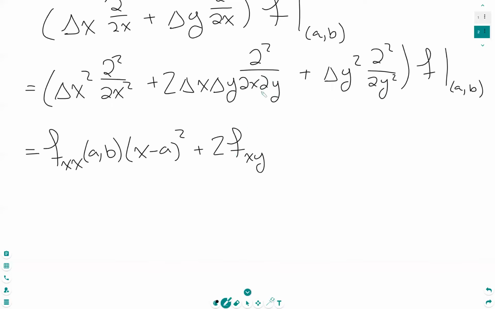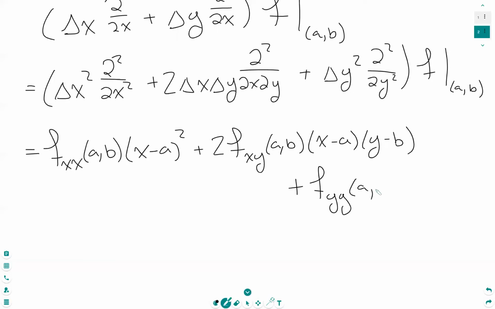As long as they're continuous, we can reverse the order. That's why we group these together. At a, b, times x minus a and y minus b. And then finally, we have the second derivative with respect to y at a, b times y minus b squared.